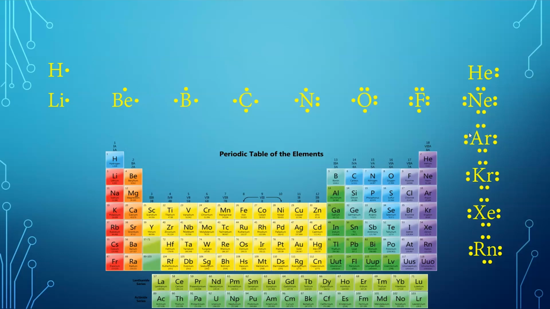And a little over 100 years ago, chemists, recognizing that, came up with something called the octet rule. And the octet rule basically says any element that has 8 valence electrons will be particularly stable.